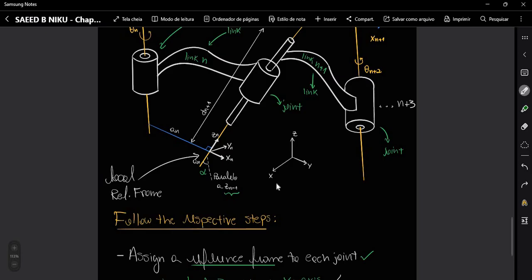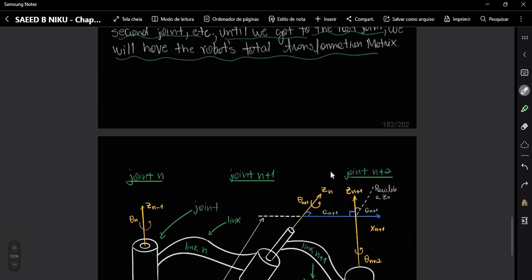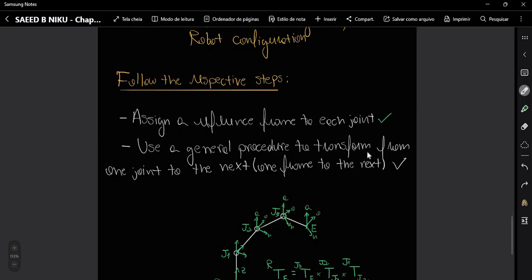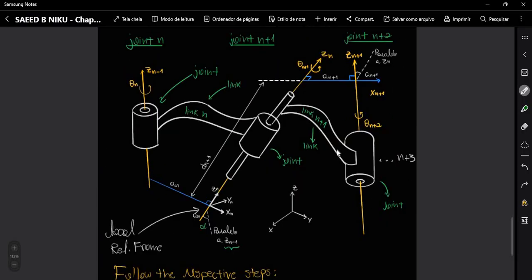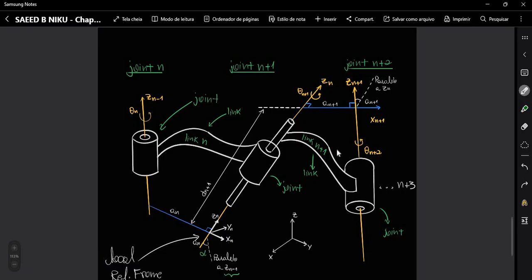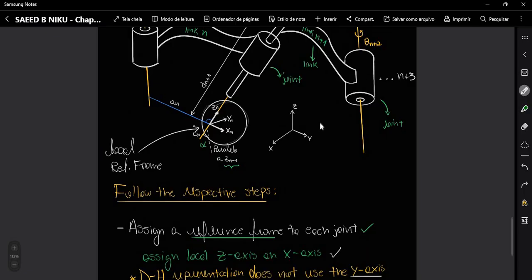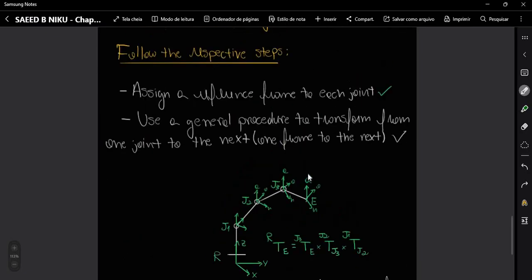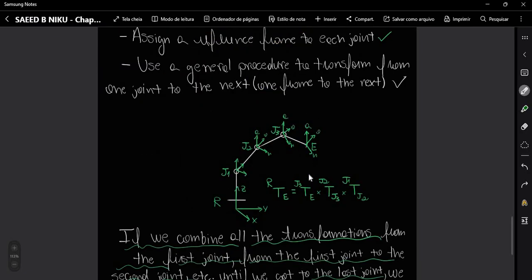So, following the procedure, we assign a reference frame to each joint. This is the reference frame. Z and x, and y we don't use in the DH representation. Okay, and we can assign these reference frames using this procedure.